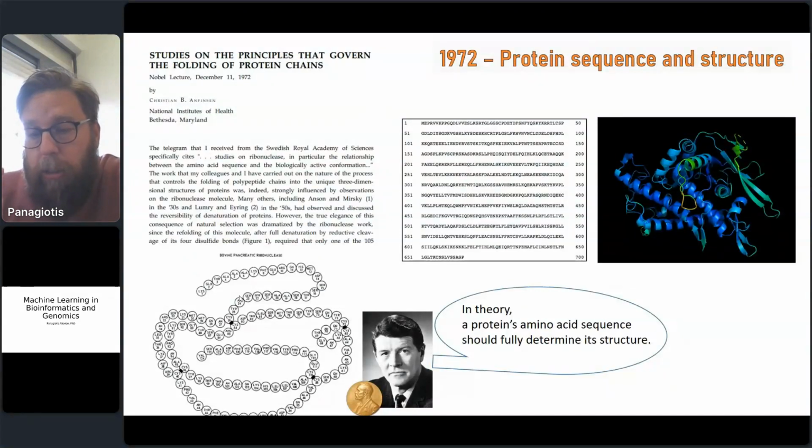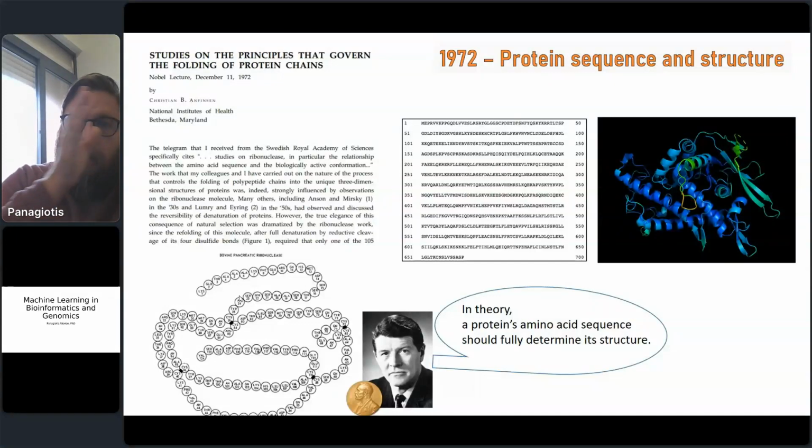The big concept was that, in some way that we cannot predict right now, the sequence that comes from the DNA into the RNA and into the protein sequence should contain all the information to define how the physical structure of the protein should look.